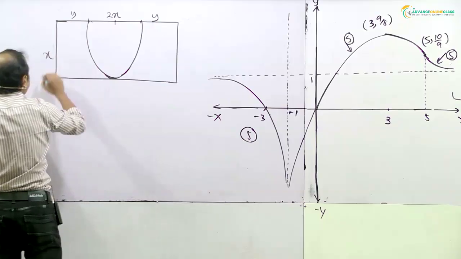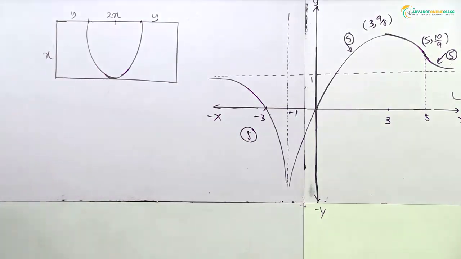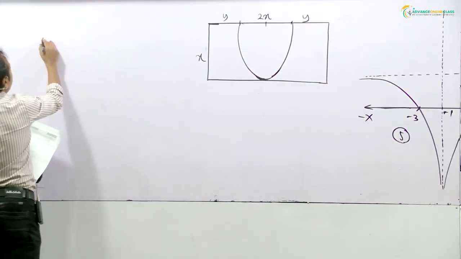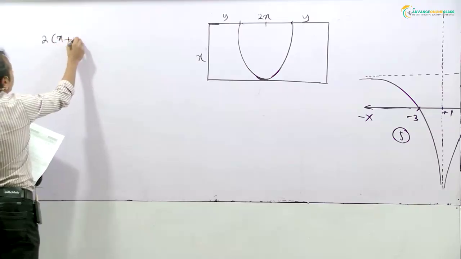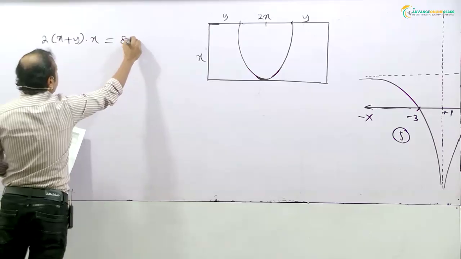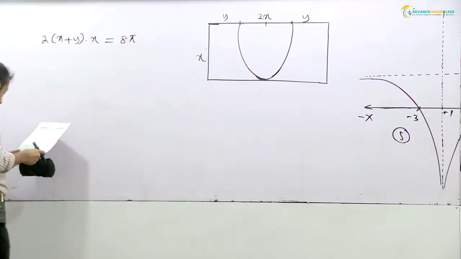This is x. The area is 8.5 square meters. What is the area? Height into length. Length is what? 2x plus 2y, no? 2 times (x plus y) into x is the area. It is equal to 8.5.